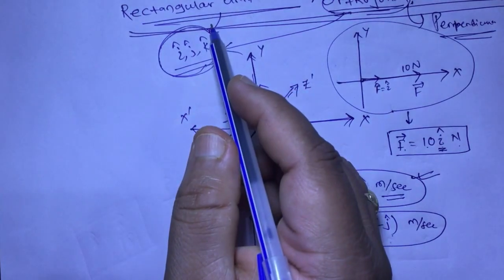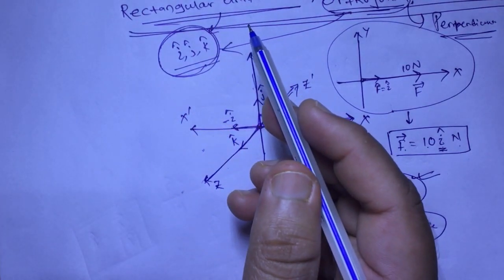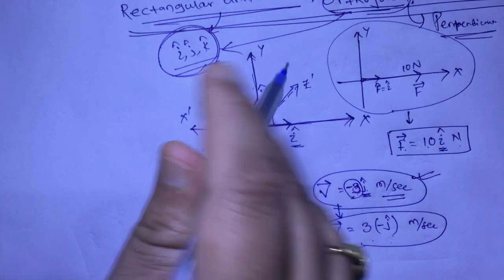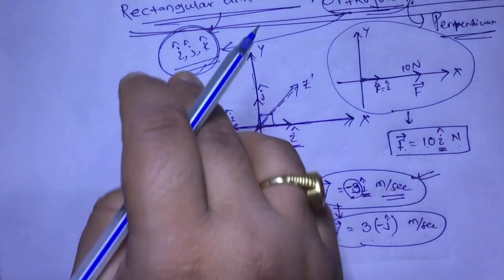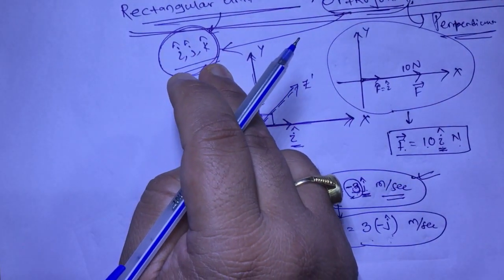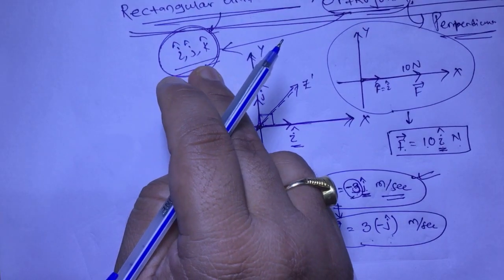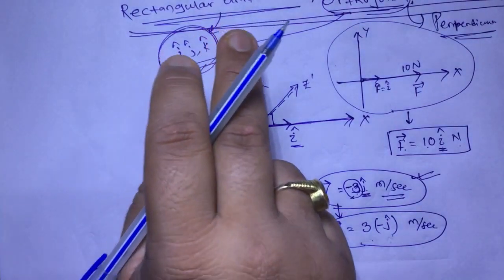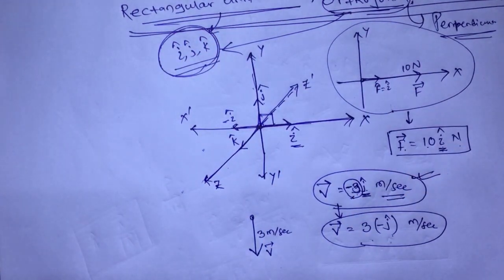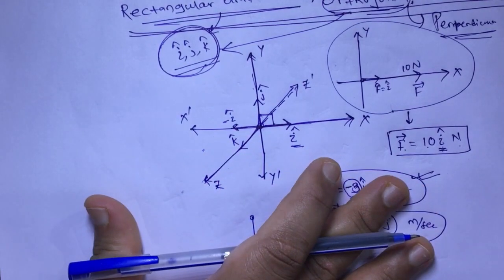Why rectangular unit vectors? Exactly the same reason, because in a rectangle every angle is 90 degrees. So just by that similarity, i cap, j cap, k cap are known as rectangular unit vectors.